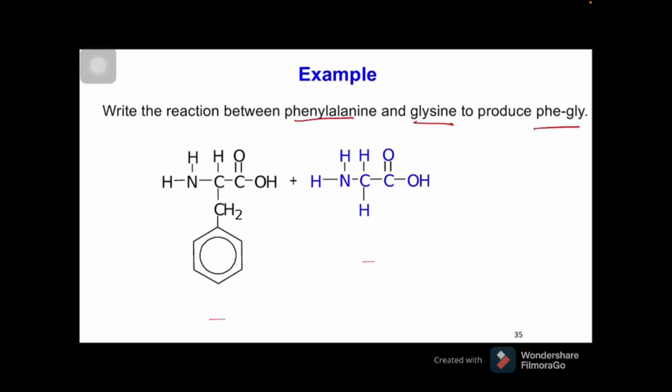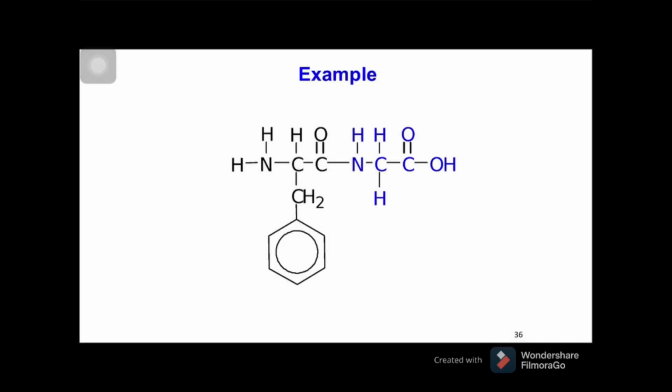I'll give you 2 minutes to complete this task. Have you done? Let's check your answer. We have phenylalanine and glycine, and the answer is, ta-da!